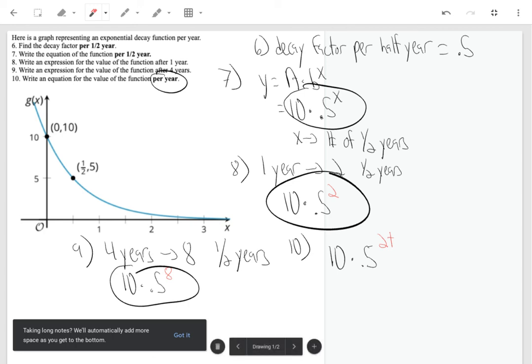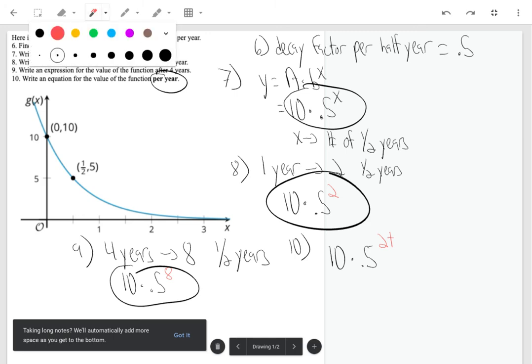Because if we had 1 year in number 8 and I plug in t equals 1, I end up with an exponent of 2. 2 times 1 is 2. Number 9, when I wanted to find the value after 4 years, if I plug in t equals 4, then I end up with an exponent of 8.